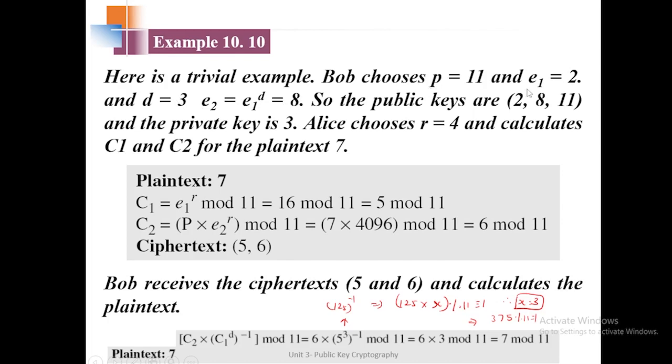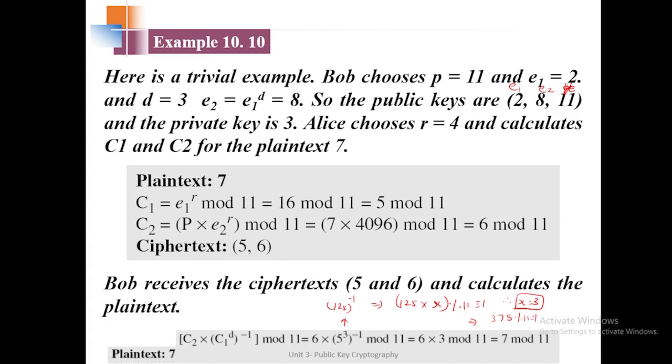So the public key pair is E1, E2, P. E1 is 2, E2 is the calculated value 8, and prime number P is 11. And the private key is 3. So this is the D value.